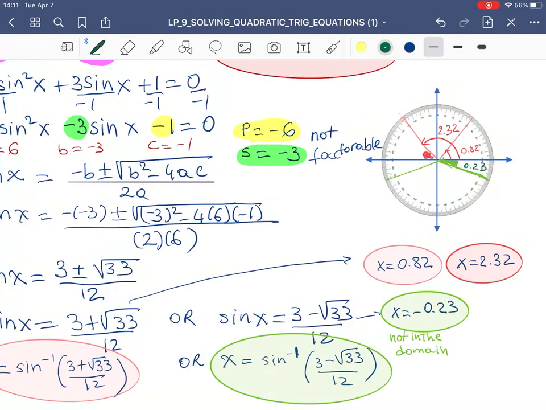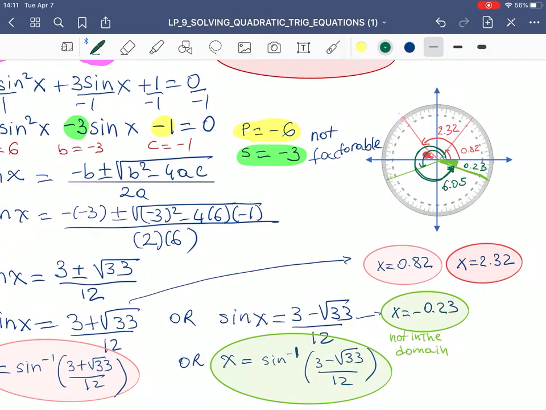And I'm going to use a dark green here. So if this is 0.23, then we're going to read the angles, the solutions that are part of the domain, this way around. So that means that we're going to have this bigger angle here, 2 pi minus 0.23. And if you use a calculator, then 2 pi minus 0.23 will give 6.05 radians.